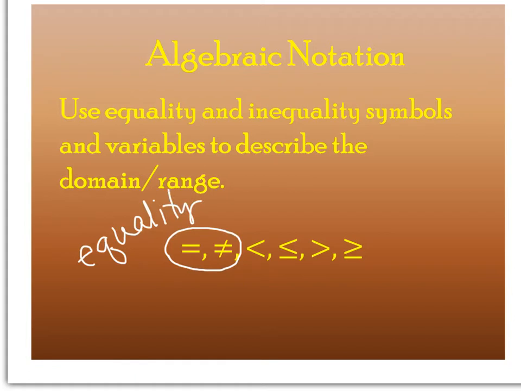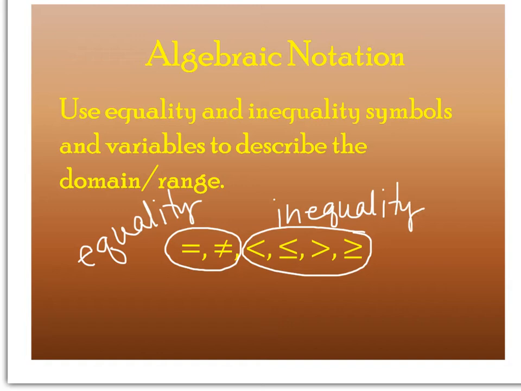When we are talking about inequality, these over here would be our inequality symbols. Okay, so this first symbol is equals. Then we have does not equal. Then under our inequality symbols, we have less than or equal to, greater than, and greater than or equal to.